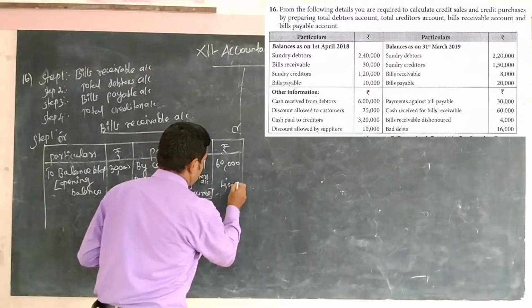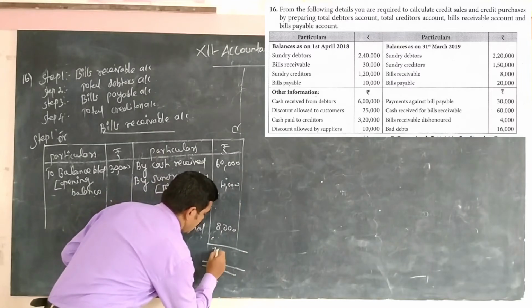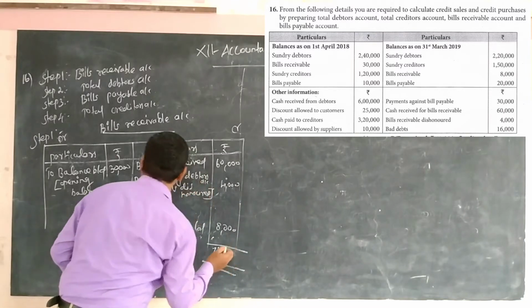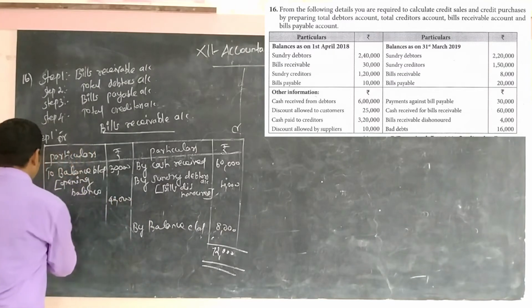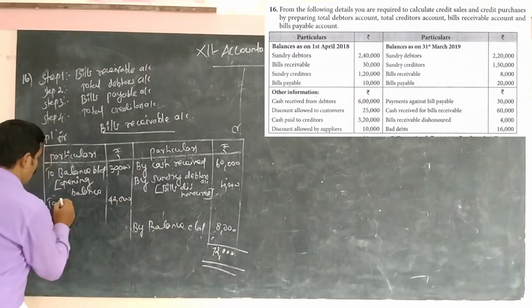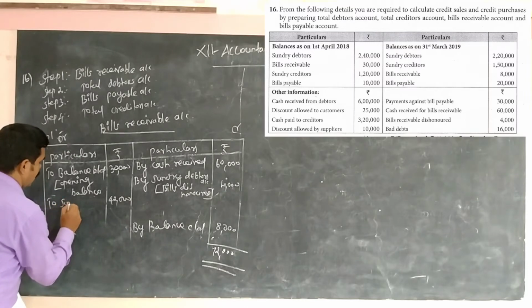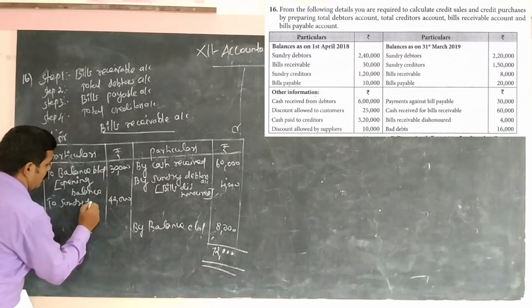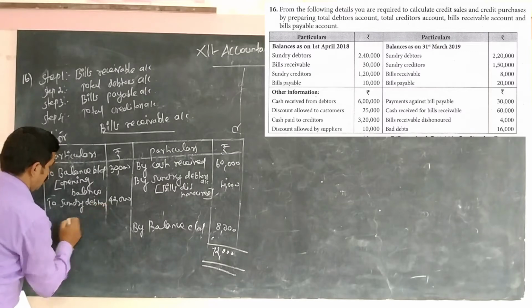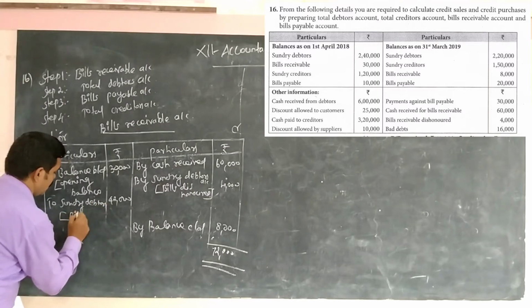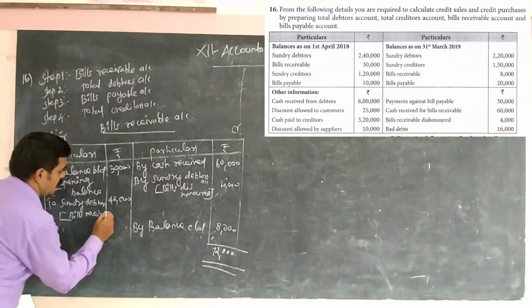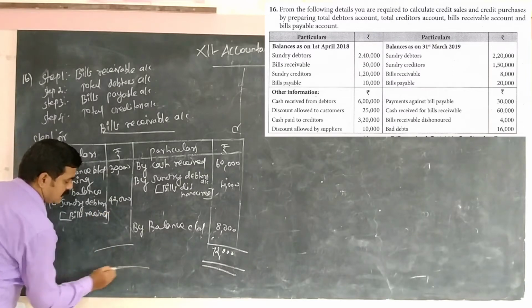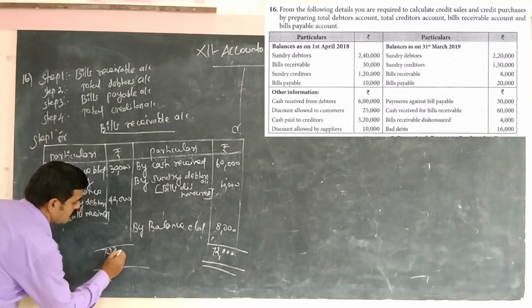The amount is 4,000. So the total amount is 72,000, and the balance amount is 42,000. Sundry debtors, that is bills received. The total amount is 72,000.